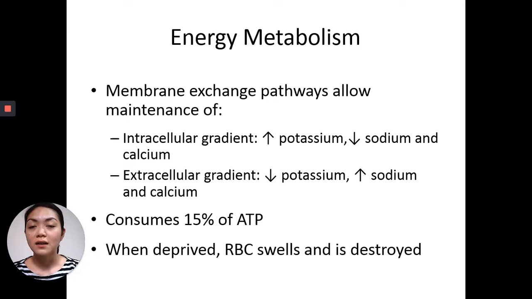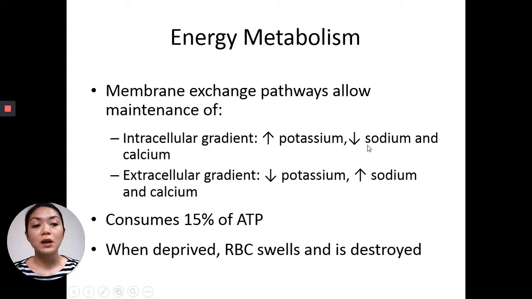For intracellular, the highest cation must be potassium. Okay? So nubo lang dapat si sodium and calcium. And for the outside of the cell, the highest naman ng mga cations are sodium and calcium, and potassium is low outside of a red blood cell.